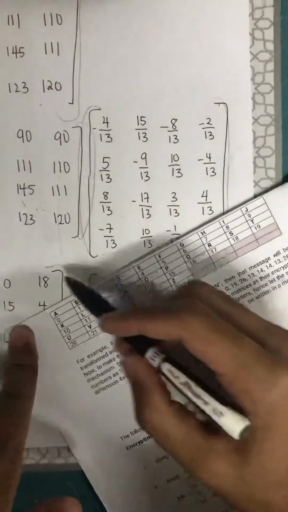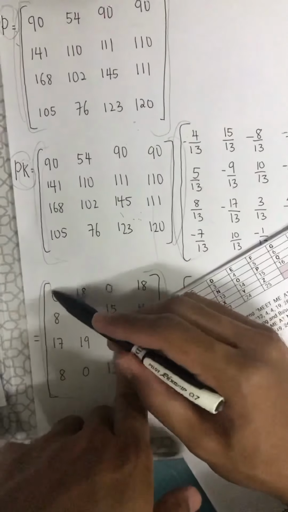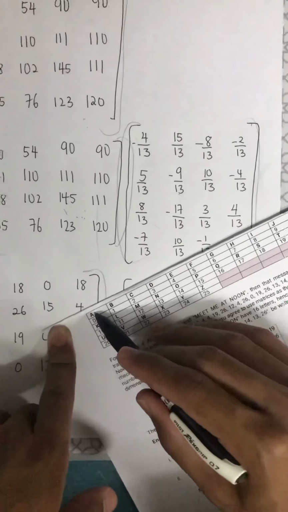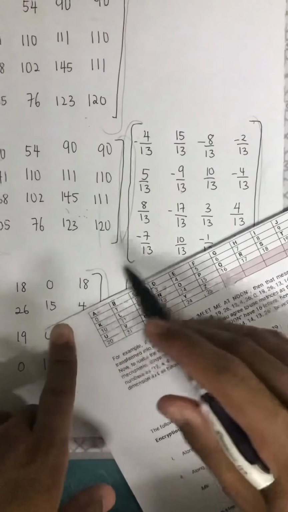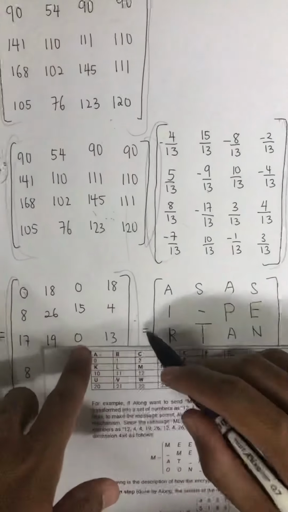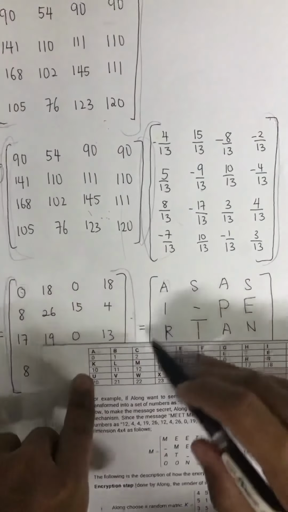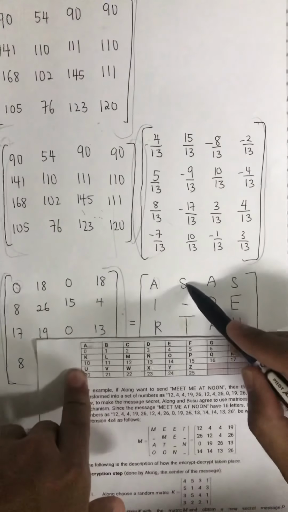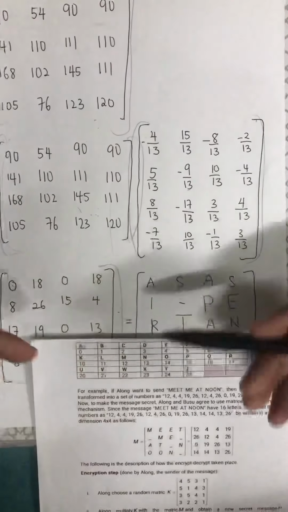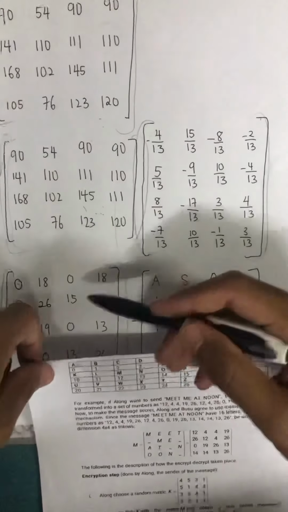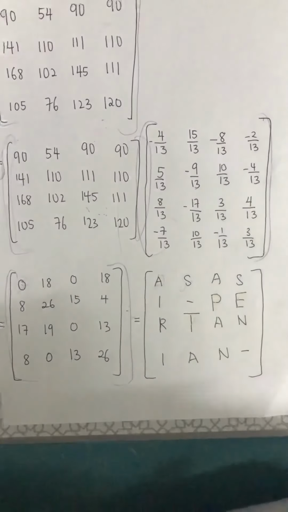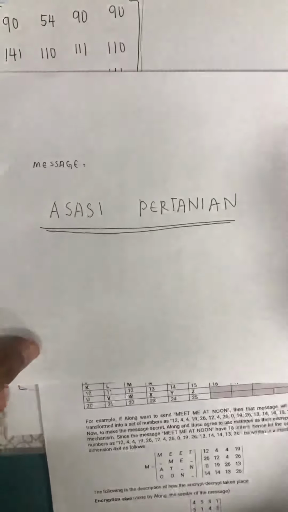So, okay, for the example, 0 means the letter A. So 0 we can assume is A, and 18 is S. So we can assume 18 is S. So after all of the coding and comparing with the coding that we have made, we got the secret message is asasi pertanian.